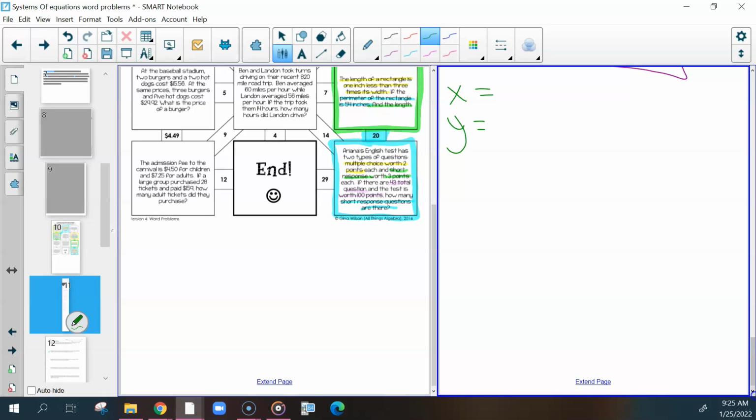What don't we know? What would these represent? Number of multiple choice, number of short answer.